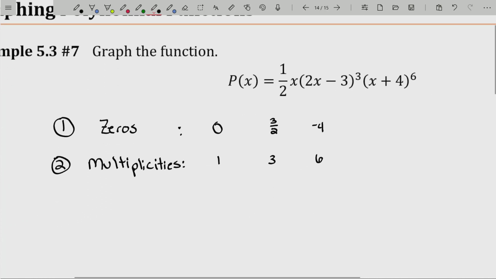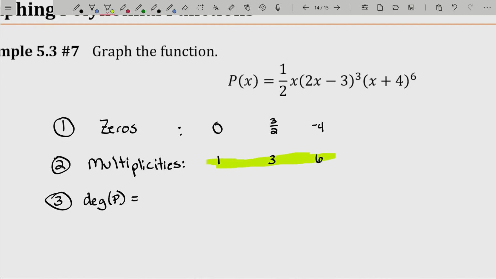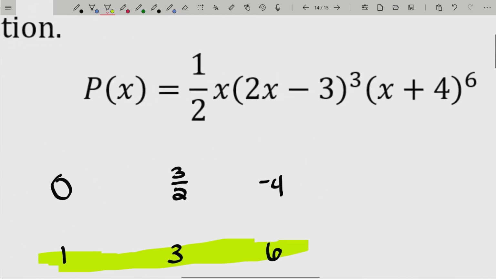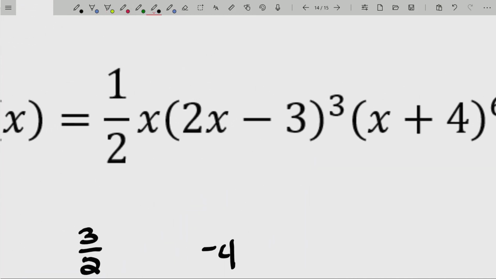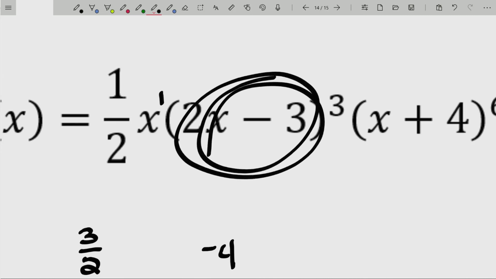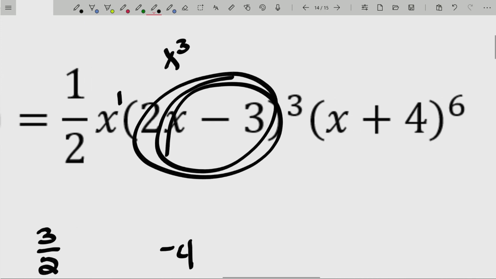And then the next thing you're going to state is the overall degree of the polynomial. And that is just found by adding up the multiplicities. It's the same thing as saying, I will have an x to the first from here, and eventually through multiplication of this junk right here, I'll get an x cubed. It'll have a coefficient I don't really care about, but it'll have one.